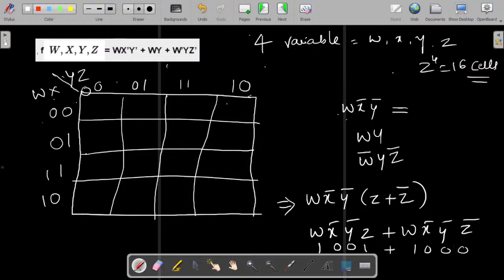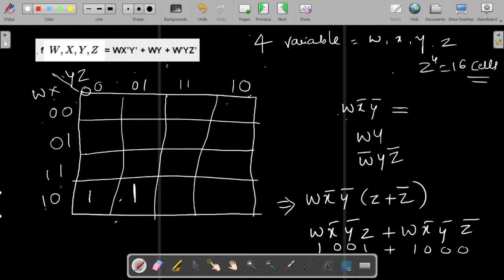So w x bar is the fourth row, where 1 0 0 0 and 1 0 0 1 terms are there. So w x bar y bar z and w x bar y bar z bar, these are the two min terms that are present. We have covered both.